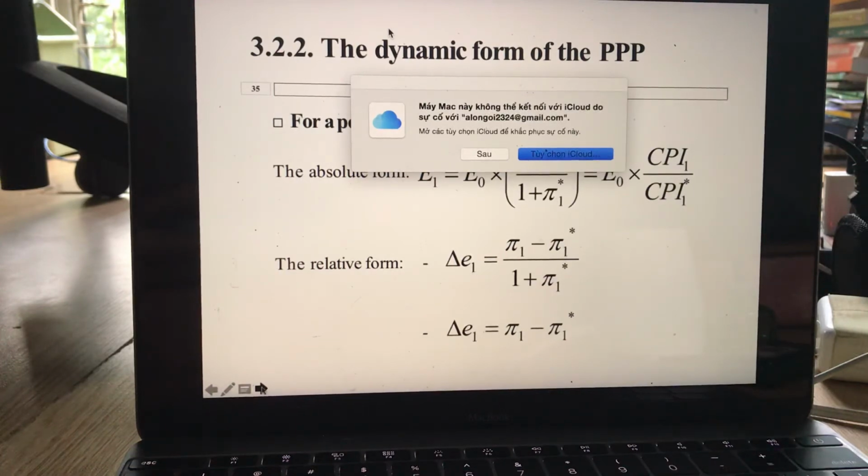The absolute form connects the exchange rate and the purchasing power in two periods. It captures the relationship between E1 and E0 through the inflation, or the CPI, in both countries. And for the relative form, we have this. In the next meeting, I will show you how to derive this.